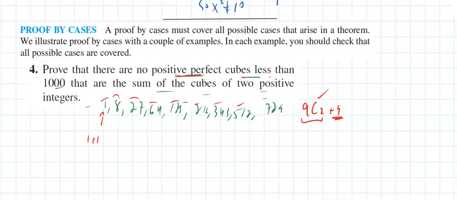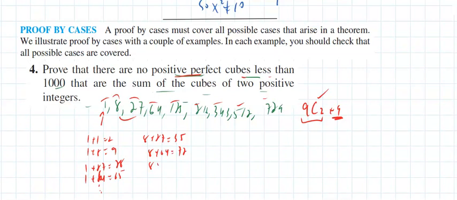If I take 1 plus 1, that's 2. 1 plus 8 is 9. 1 plus 27 is 28. None of these are perfect cubes. 1 plus 64 is 65. This goes on. How about 8 plus 27, that's 35. 8 plus 64 is 72. And 8 plus 125, you list them all up.